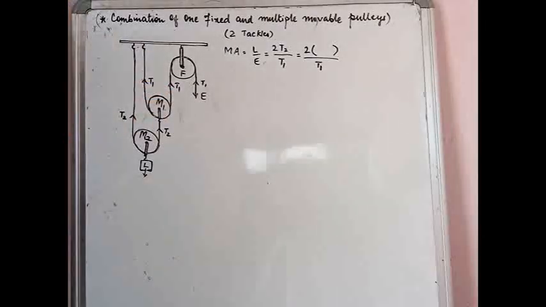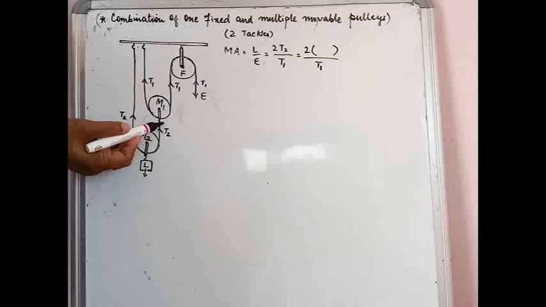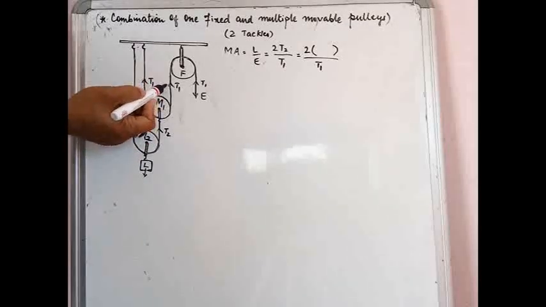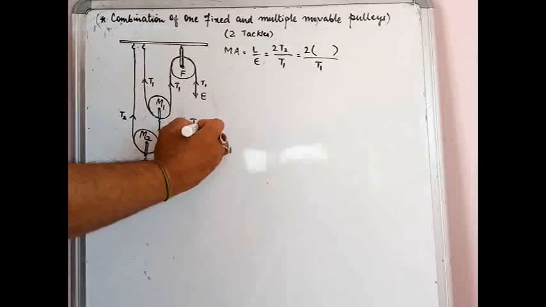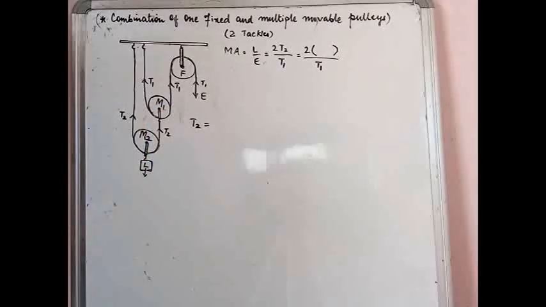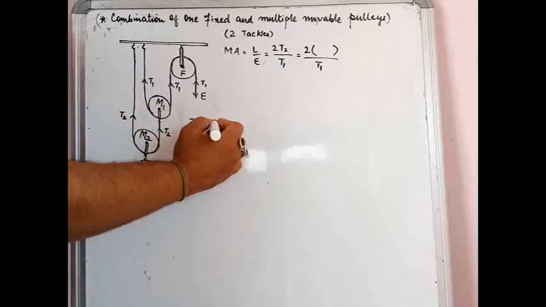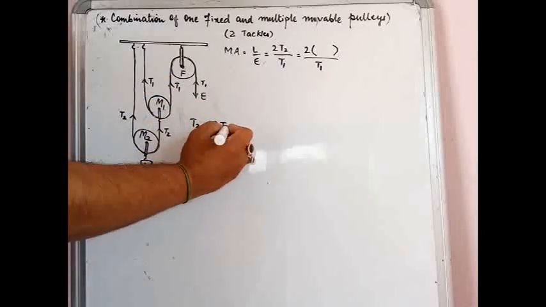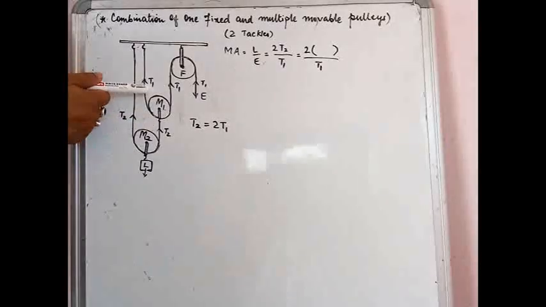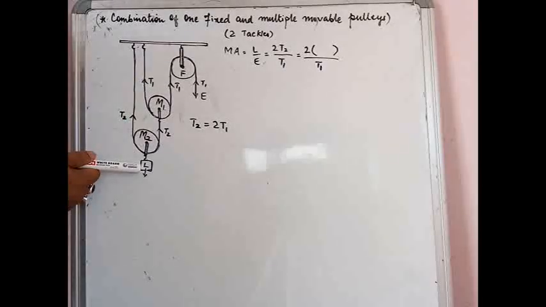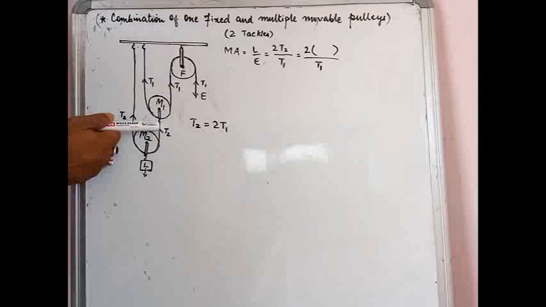Okay, so in fact this T2 is resulting in these two T1s. Okay, so what I can do is I can write T2 equal to T1 plus T1, so that makes it 2 times T1, because ultimately it is this tension which is getting supported by these two tensions directly, just like this load was getting directly supported by these two T2s.